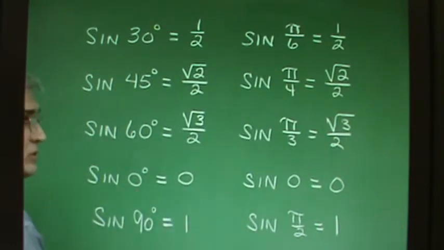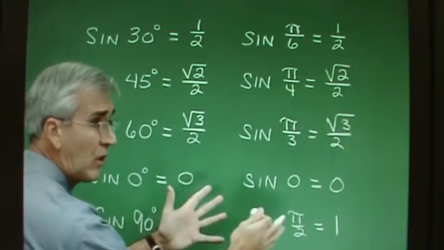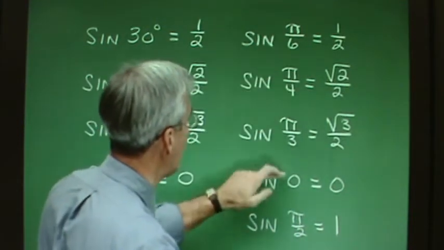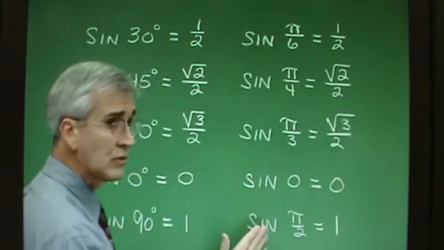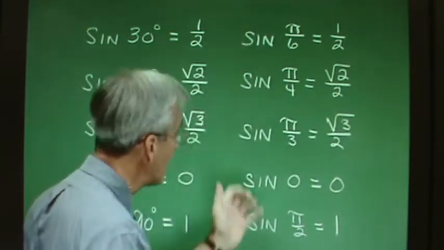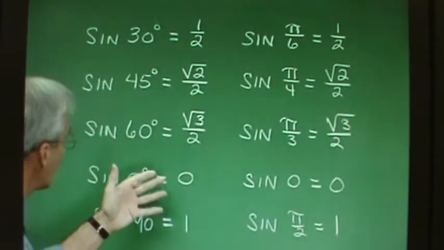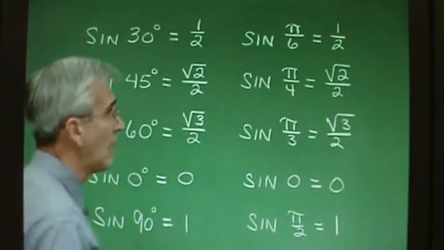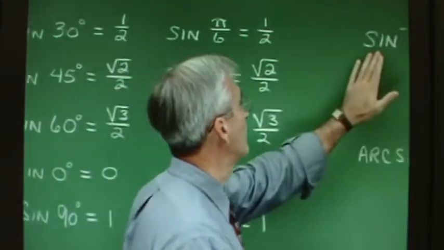The sine of 90 degrees is 1. And we have counterparts in the radian world as well. You see, we can either think of these as angles in radian measure, or we could think of them as real numbers. But at any rate, when we take the sine of them, we get the same values that we get over here in dealing with these angles measured in degrees.